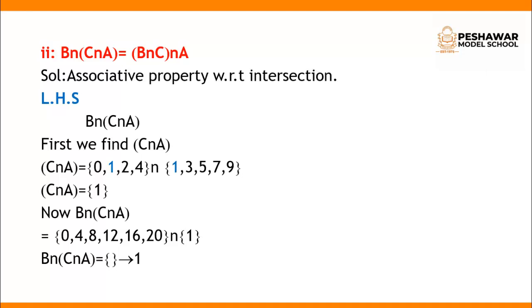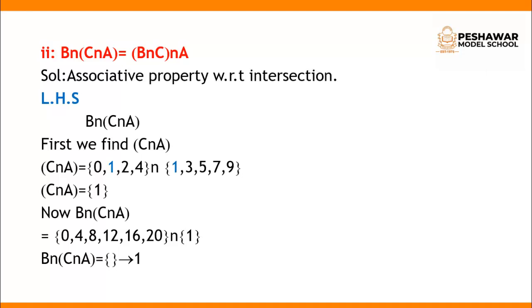We put the sign of intersection, and now we put the elements of C intersection A, which is 1. So it means we again take the intersection. In intersection we take the common elements. There is no element common in B and C intersection A. So our answer for the left hand side is the empty set.